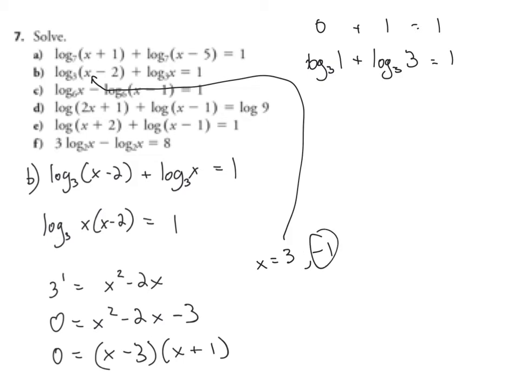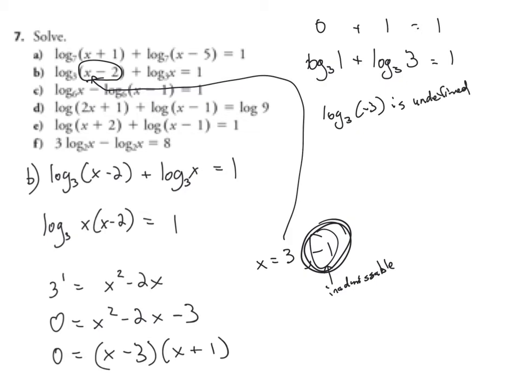And with the negative 1 minus 2, no, we have an undefined statement when x is negative 1, so this is inadmissible. Again, don't write that this is undefined. You can write that the log base 3 of negative 3 is undefined, which is why negative 1 is inadmissible.